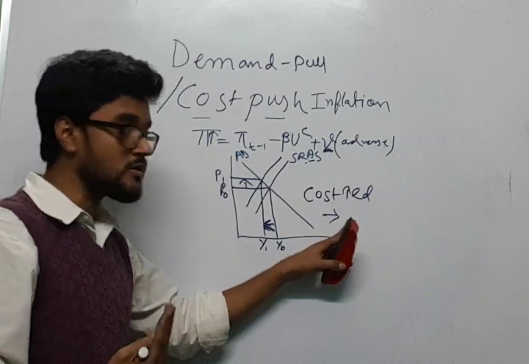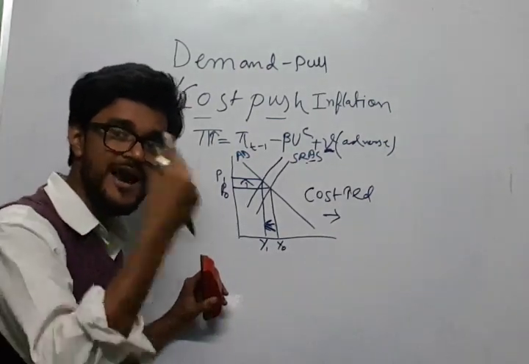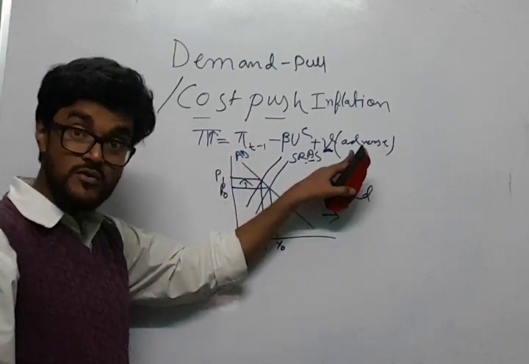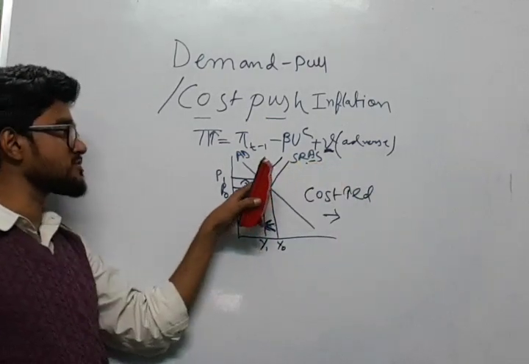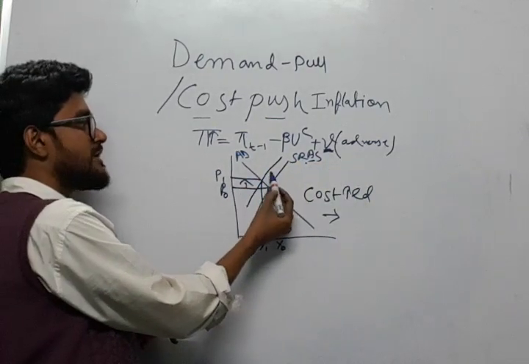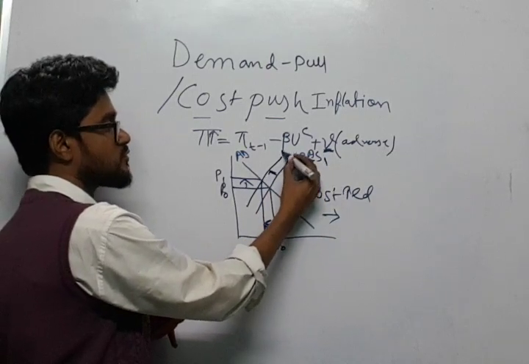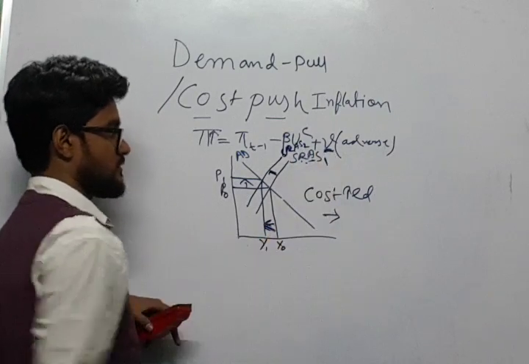So what will they do? They will now produce less. This is called an adverse supply shock. As they are producing less, the short-run supply curve will shift leftward from SRAS1 to SRAS2.